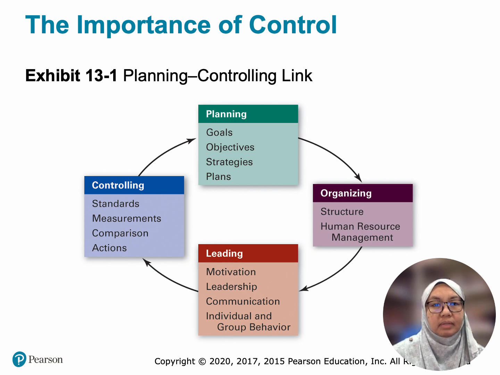So we take a look at the importance of control. Exhibit 13.1 shows where planning and controlling merge together, or the link between them. Planning should be the first in any organization: setting goals and objectives, and the strategies and plans to achieve them.